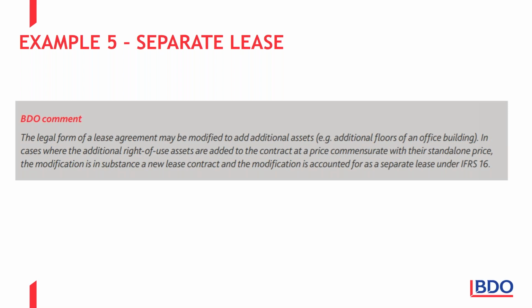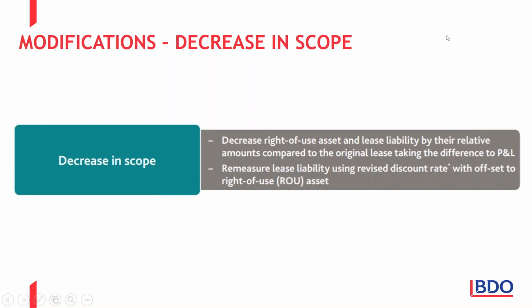In cases where the additional right of use assets are added to the contract at a price commensurate with their standalone price, the modification is in substance a new lease contract, and the modification is accounted for as a separate lease. Think of it as the standard setters are trying to help you to keep it simple.